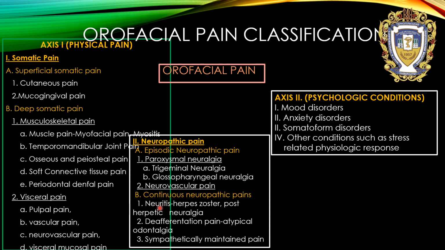It can be neuritis, herpes zoster, post-herpetic neuralgia, deafferentation pain, atypical odontalgia, and sympathetically maintained pain. And axis 2, psychological conditions. It can be mood disorders, anxiety disorders, somatoform disorders, and other conditions such as stress-related psychological response.